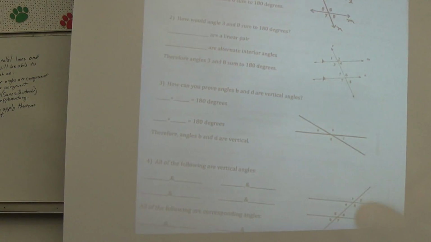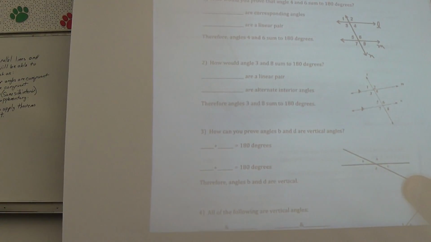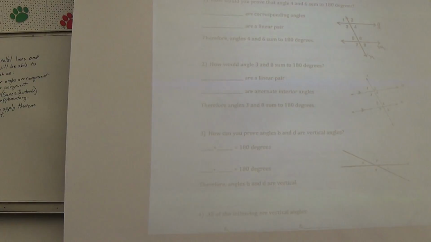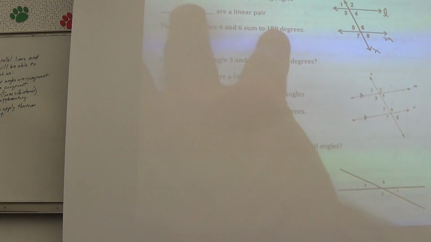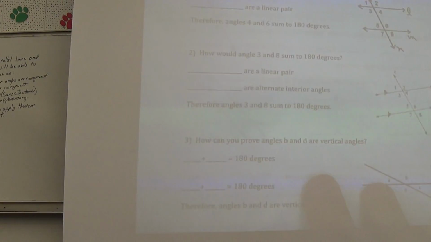All right, so let's start off with these first questions here. So this is kind of that proof that David was talking about. This would be the transitive property, right? This is going to be that transitive property.